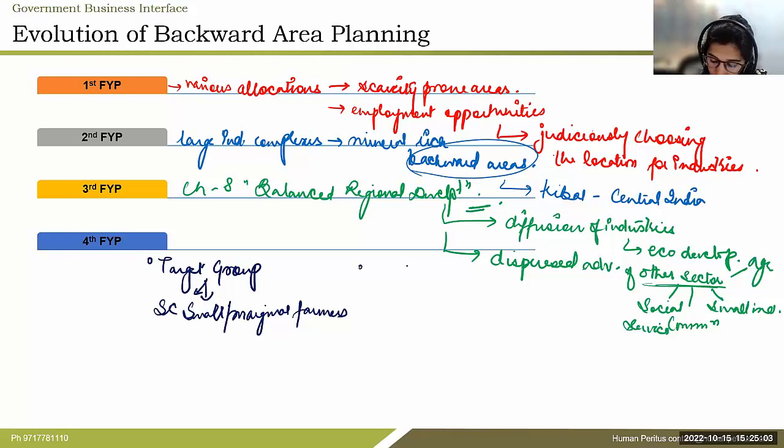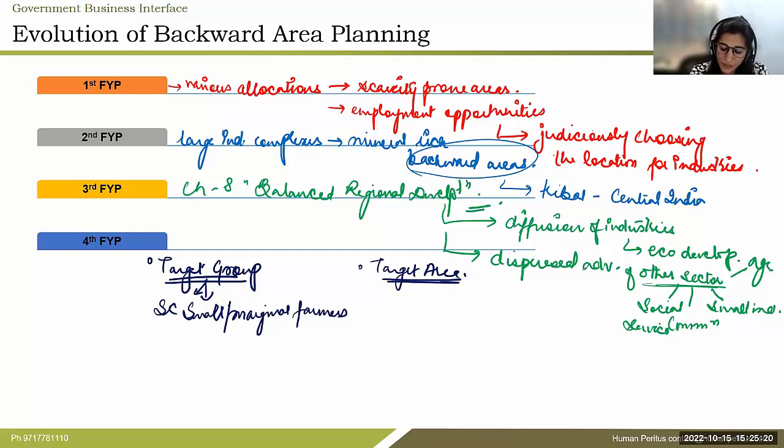All right, the other thing which was there was target area. All right, after this plan, the policies of the government started focusing on particular groups and particular areas. So they started calling them target areas and target groups.